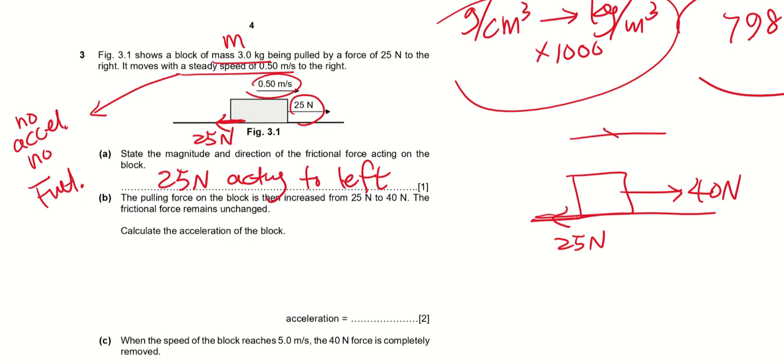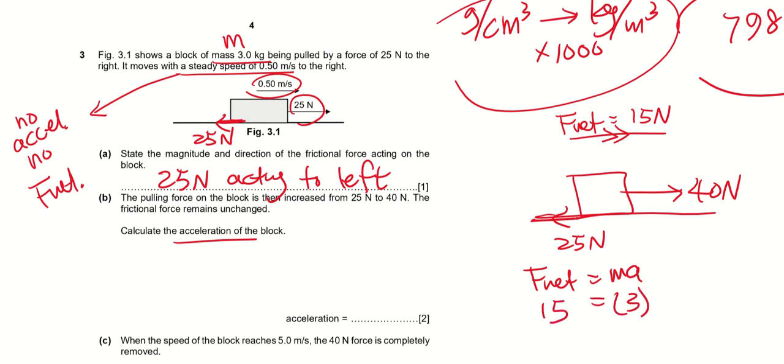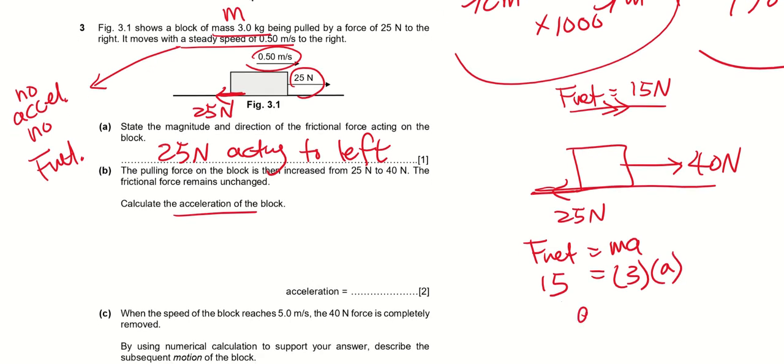So 40 minus 25, we get 15 Newton, and this is our new F net for part B. They want us to calculate the acceleration. Whenever there's F net, there is going to be acceleration. So F net equals ma, 15 equals mass. Mass is 3 kg, no need to change because it is already in SI unit. So the acceleration is 5 meter per second square.